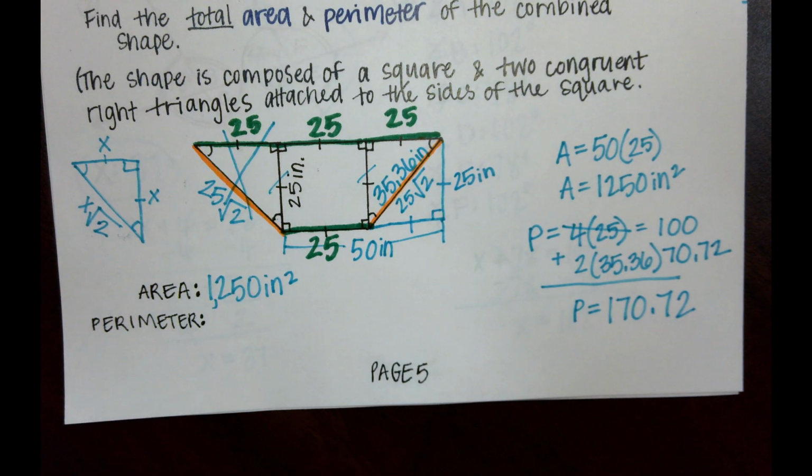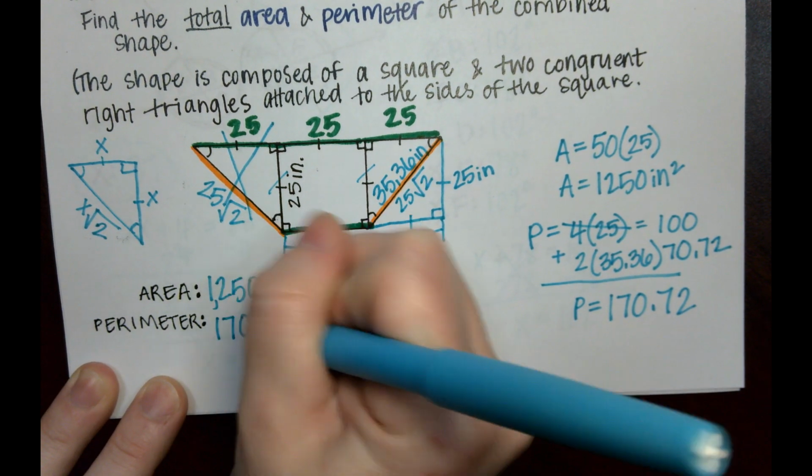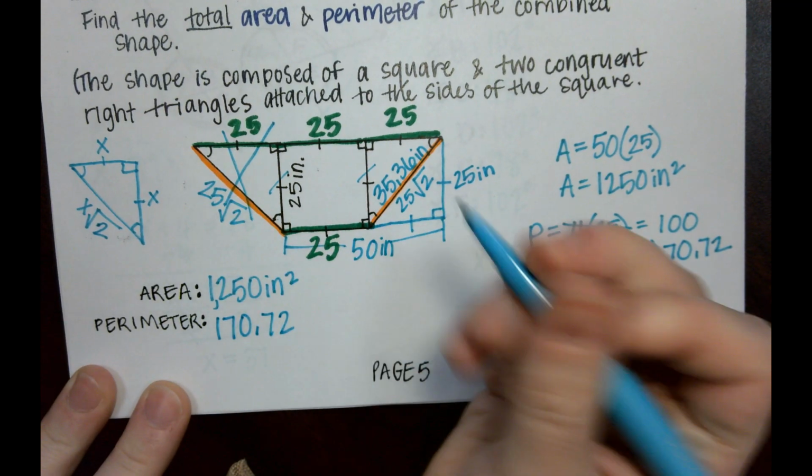Perfect. So that would be our perimeter, 170.72 inches.